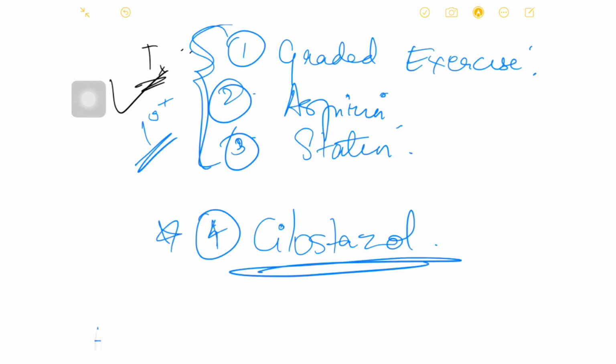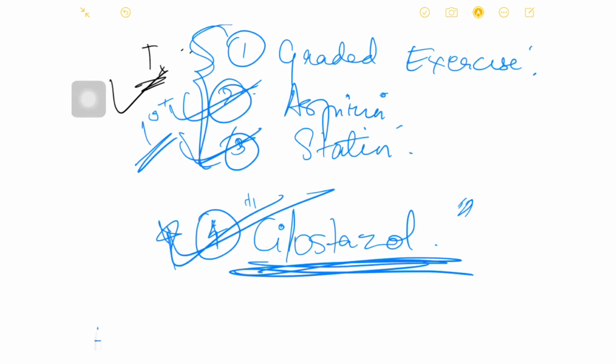Many times cilostazol is given as an option, and you get tempted because people usually go for this. But remember that first would be aspirin and statin. If it is given in the question that these have been tried and failed, then only pick this answer. Otherwise, don't pick this answer.